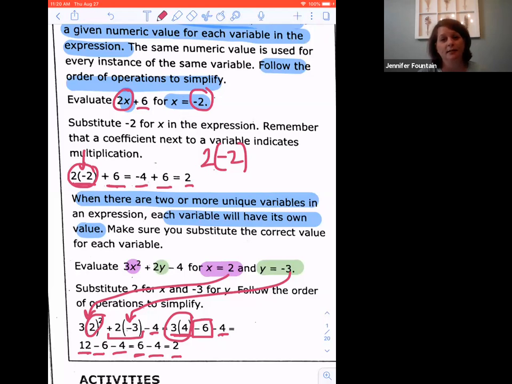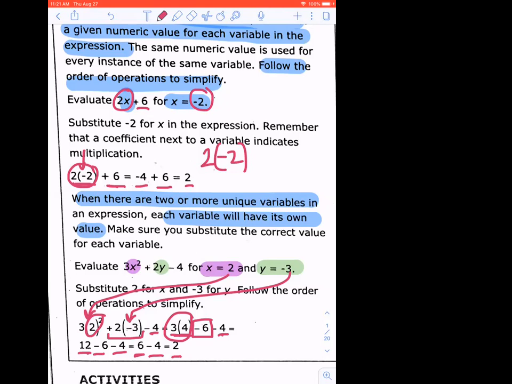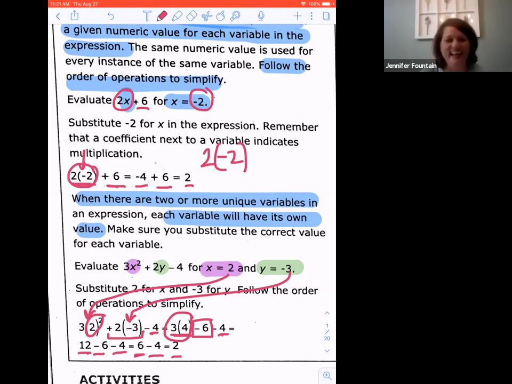Is Jonas awake is the question. Probably not. Oh, here he comes. I saw some movement. You with us, Jonas? Okay. All righty. So let's go ahead and get started back.